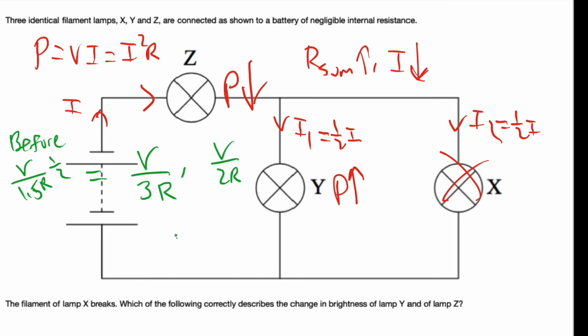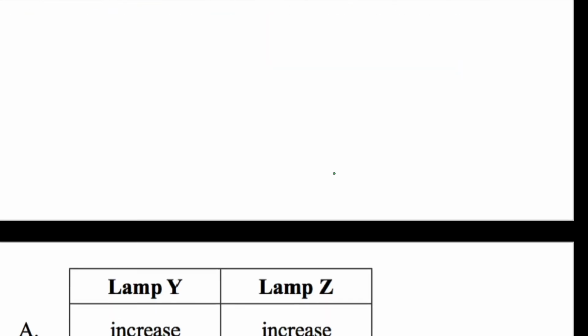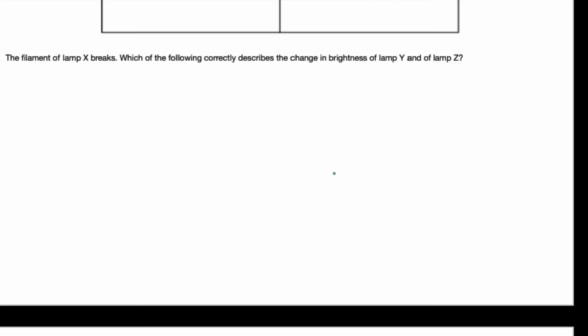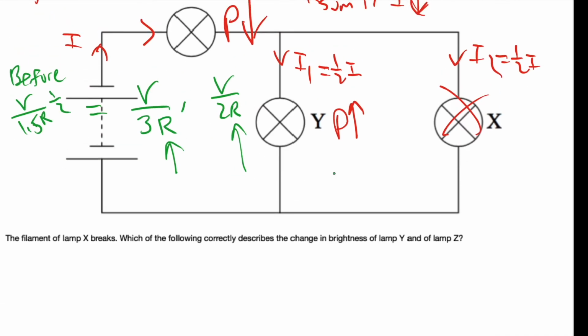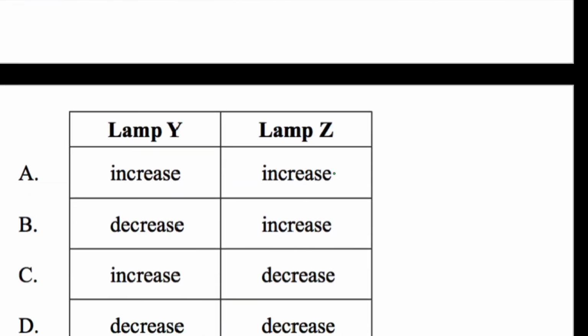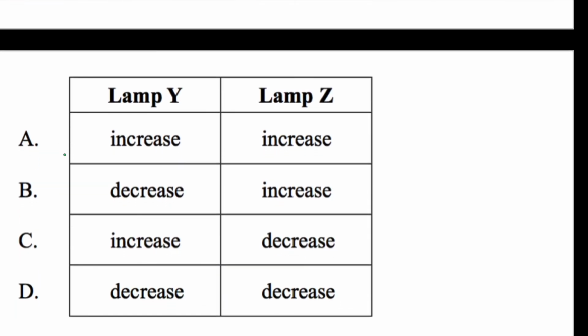This is the current that goes through lamp Y before lamp X broke, and this is the current through Y after lamp X broke. So for Y, the power increases because the current increases, so brightness increases. So Y increases, Z decreases. So the answer will be C.